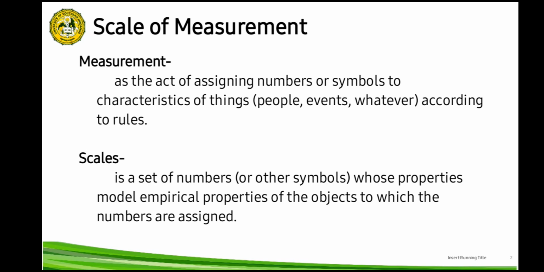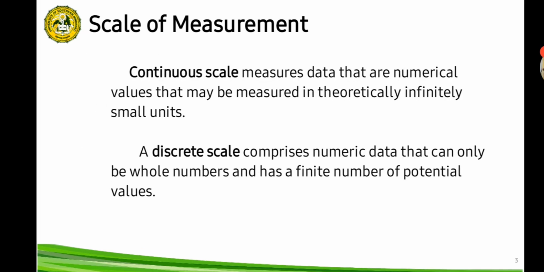Each scale of measurement has unique qualities that influence its suitability for use in specific statistical studies. A scale used to measure a continuous variable might be referred to as a continuous scale, whereas a scale used to measure a discrete variable might be referred to as a discrete scale. So let us now proceed to the continuous scale.